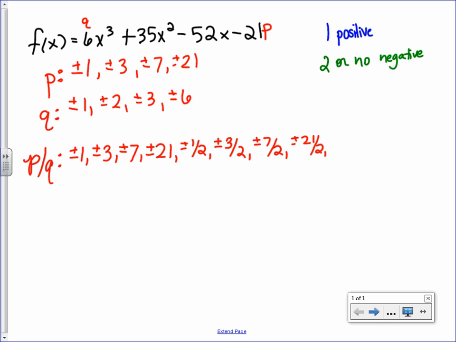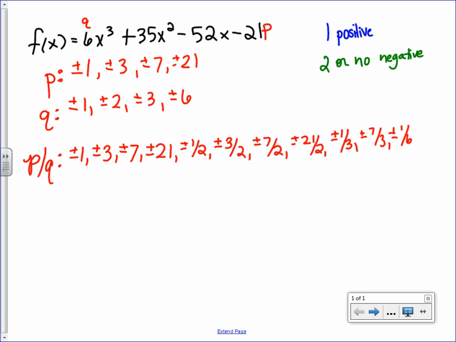Then we have to put all of them over 3. Now 3/3 is already up there because 3/3 is 1. But 7/3 is not up there. 21/3 is, because 21 over 3 is 7. We already have that. And then all of them over 6.